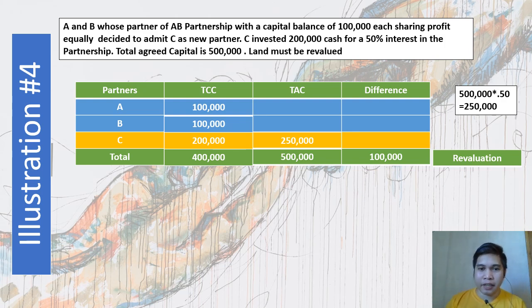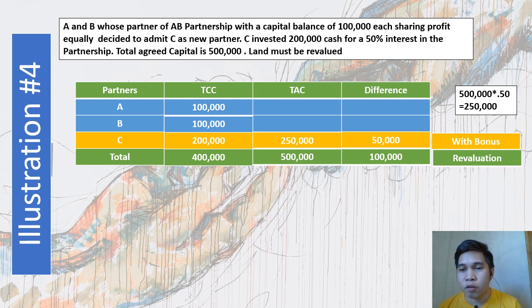So, sa case natin, 200,000 pesos lang yung kinontribute ni C, pero ang makikredit sa kanya 250,000, so may papupunta po sa kanyang 50,000 pesos. Since nagbago po yung kanyang TAC, may difference na 50,000 pesos. Therefore, meron po tayong bonus.